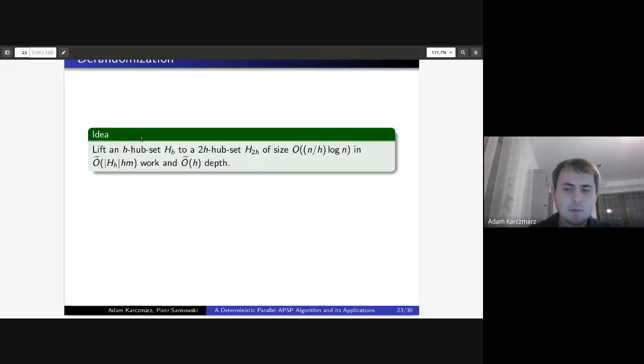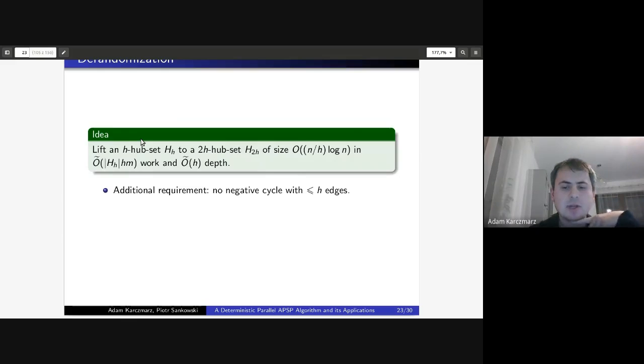So now, how can we use that? The general idea is the same as in the APSP algorithm. Given an H hub set, we want to lift it to a 2H hub set of size n over 2H times log n, and we want to spend only roughly NM work and H depth on this.